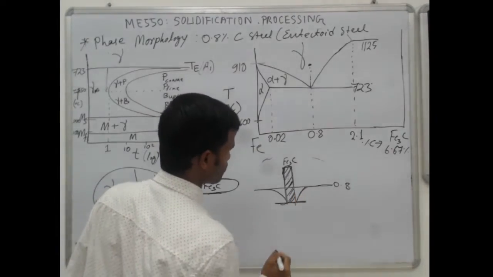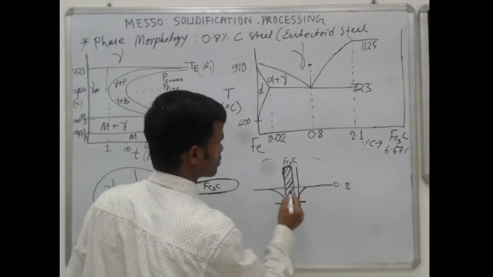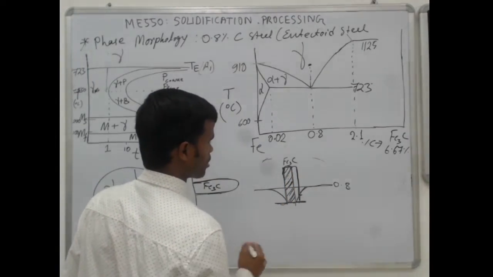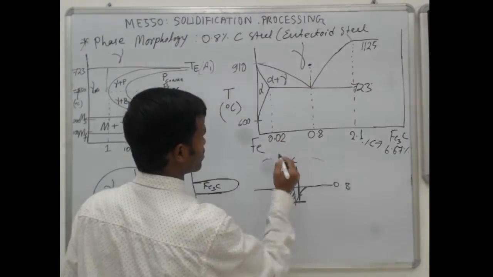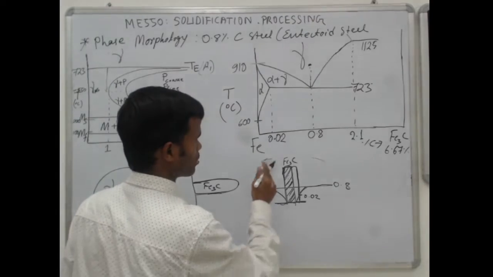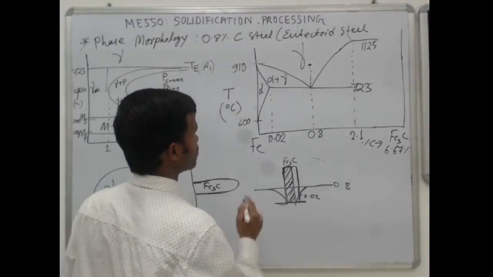Now suppose there is a region of the material where the carbon percentage is less than this 0.02, below this critical or threshold value.